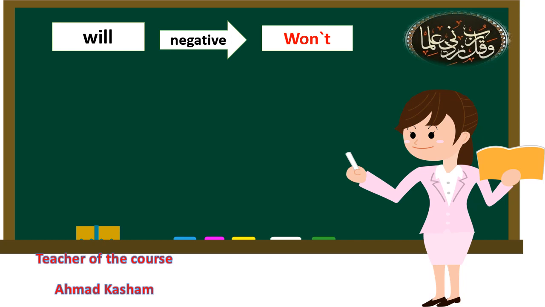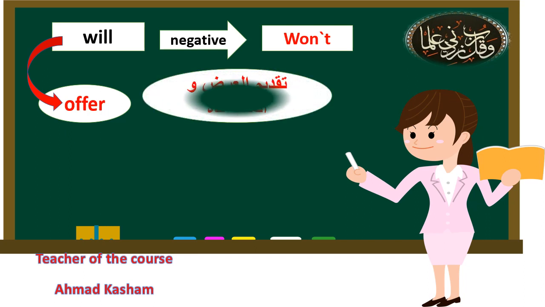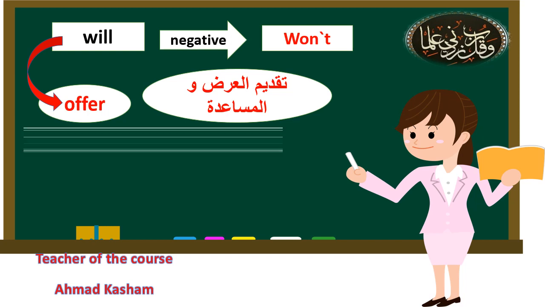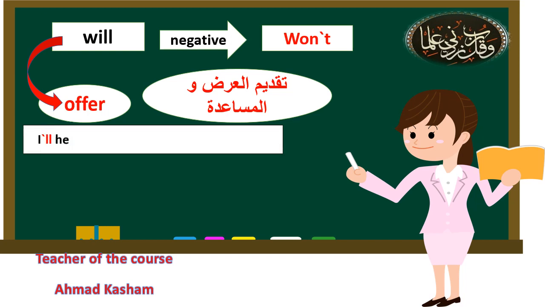Now, what's new about will? It's this. We use will to talk about offers. Offers, this is in Arabic تقديم العرض والمساعدة. Now, let's take some examples to make it clearer. Now, we have this example. I'll help you with your maths homework.